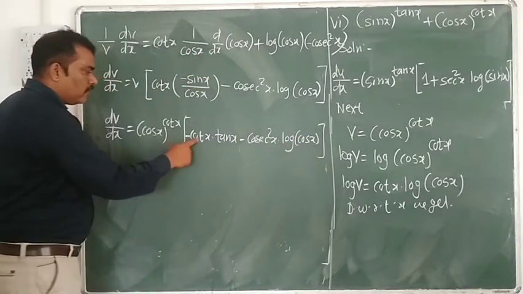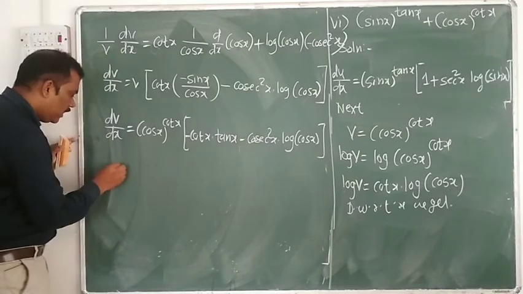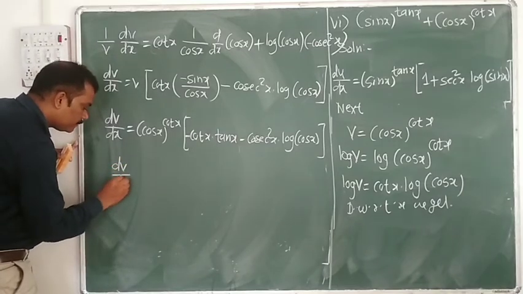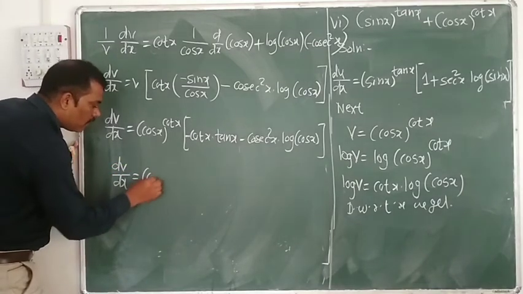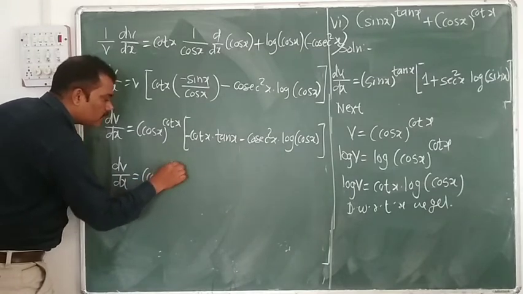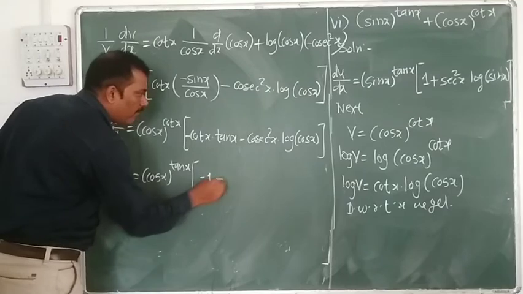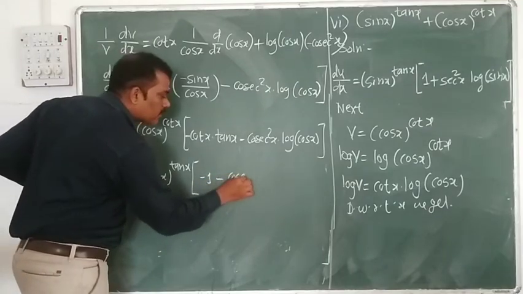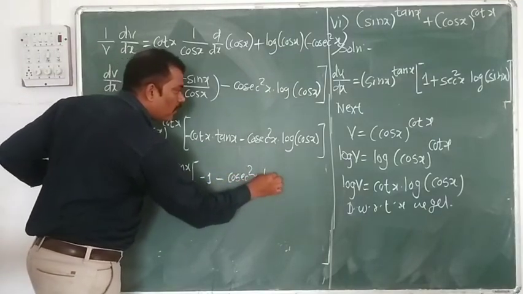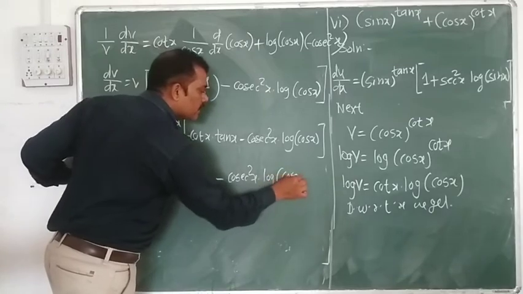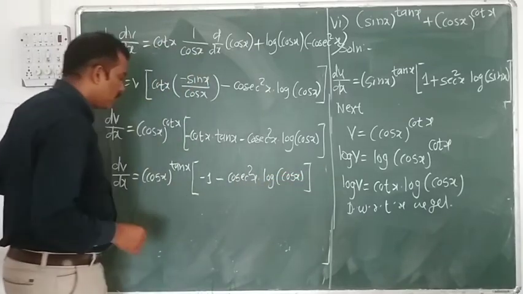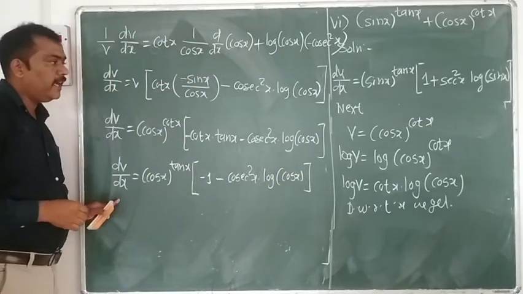Cot into tan is nothing but 1, so dv by dx is equal to cos x raised to cot x into bracket minus 1 minus cosec square x into log of cos x. This is the value of dv by dx.